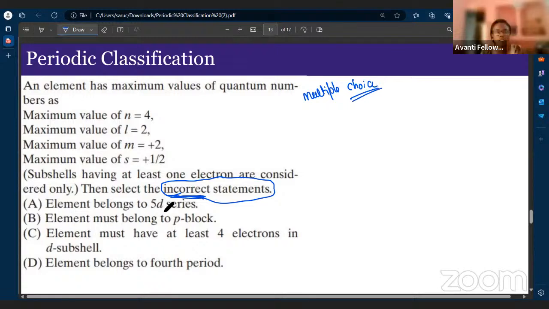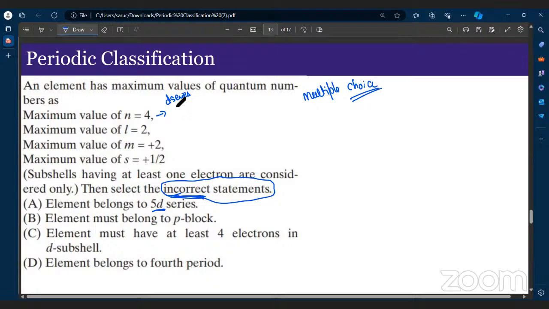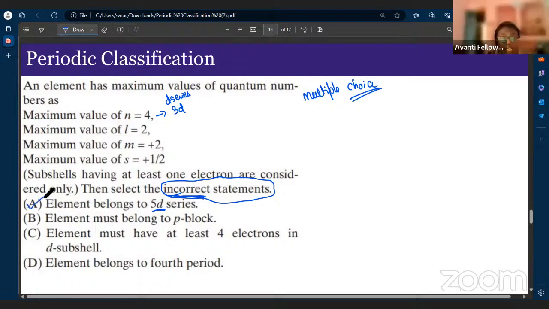Okay, we'll check. The first statement: the element belongs to 5d series. n value equal to 4 means what would be the d series? 3d. Yes, so it is given as 5d, which is an incorrect statement. The second: the element must belong to p block. If l equal to 2, what will be the block?